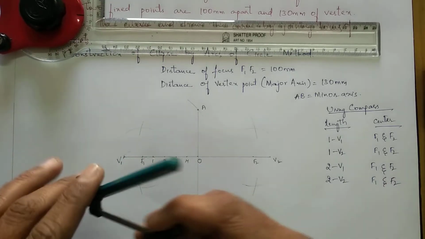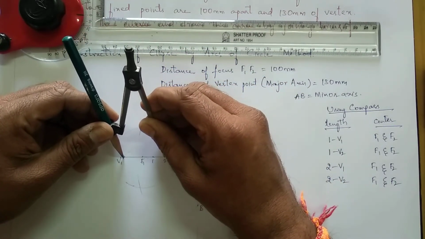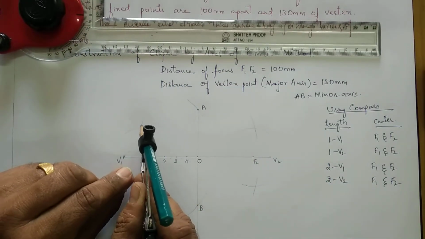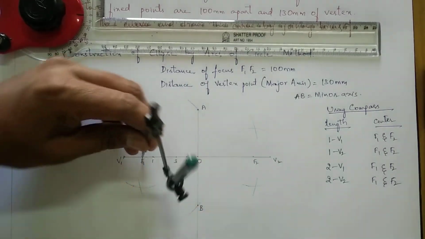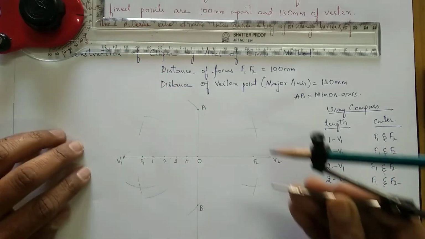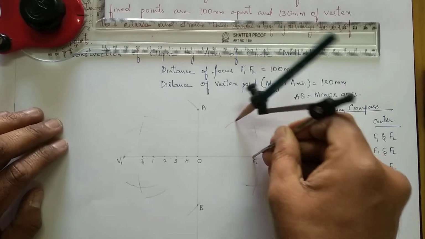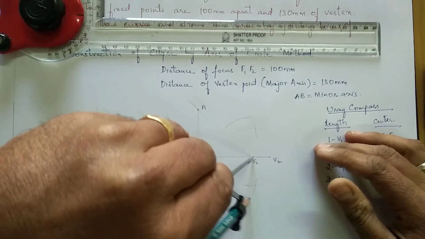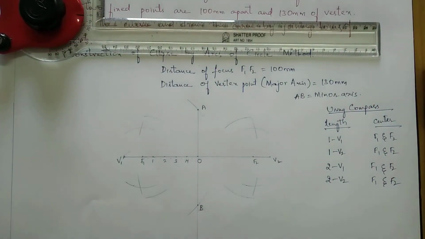So first I am doing it for your understanding purpose. 2 to V1 length, F1 as a center, draw an arc above, draw an arc below. In the same manner, F2 as a center, draw an arc above, draw an arc below. So this one is completed.